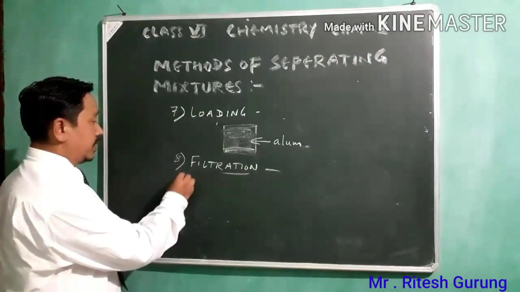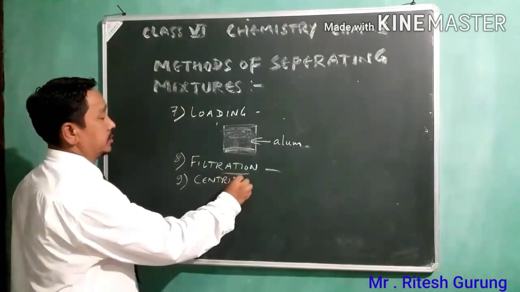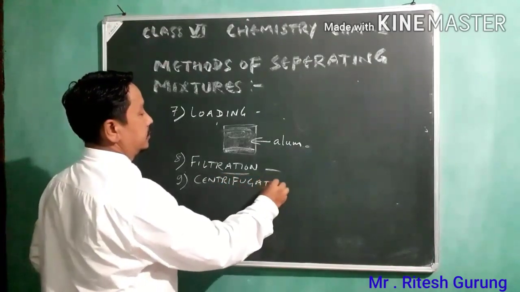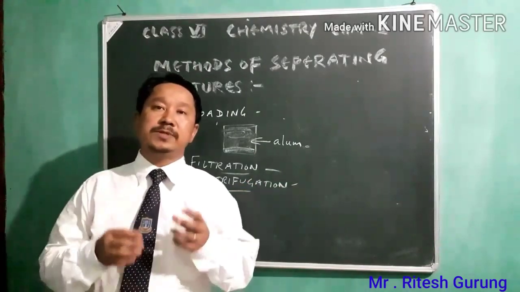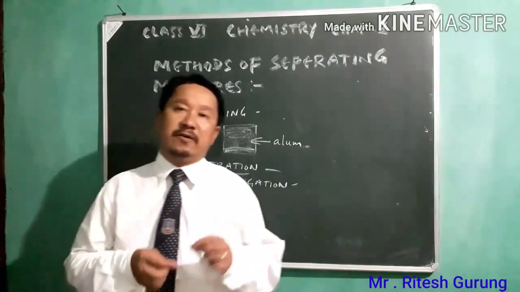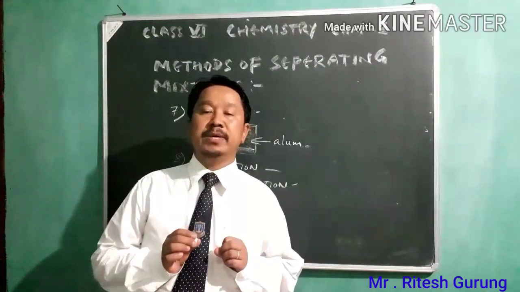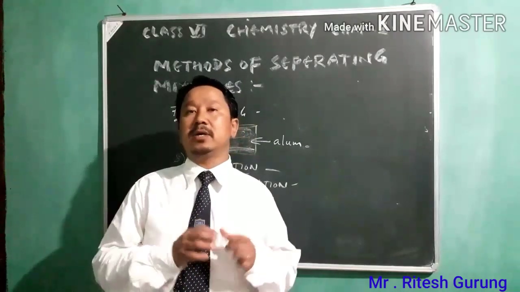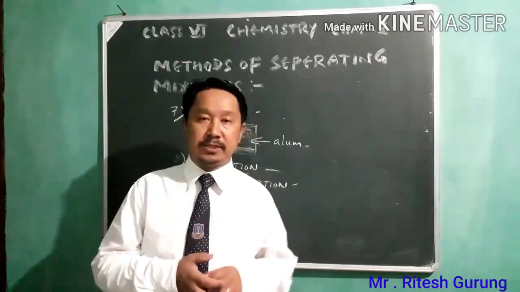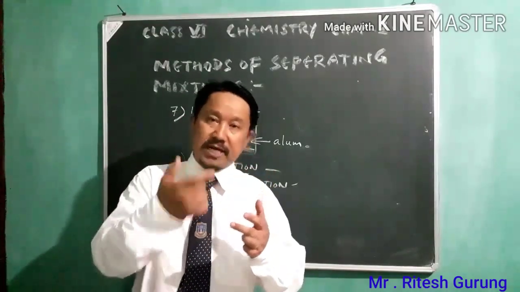Number 9 we have centrifugation. Centrifugation is a method of separating the fine suspended particles from a solid-liquid mixture by rotating the mixture in a device called a centrifuge. It's a kind of device where the mixture gets rotated inside.